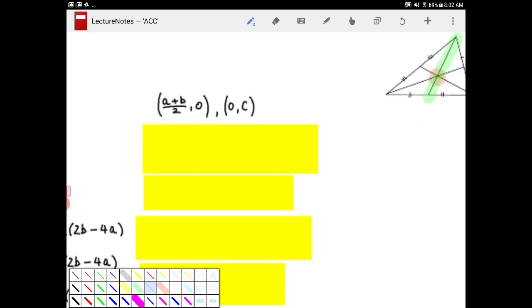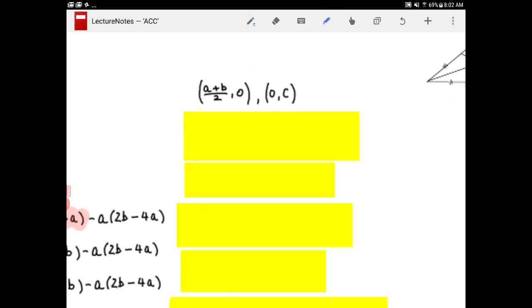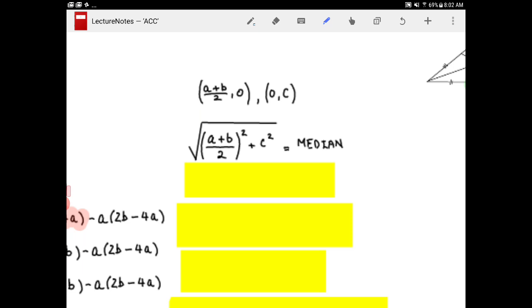In order for us to do this, it would make sense for us to figure out what is the length of the median, right? So to find the length of the median, I would apply the distance formula between those 2 points. So that right there is the length of the median.